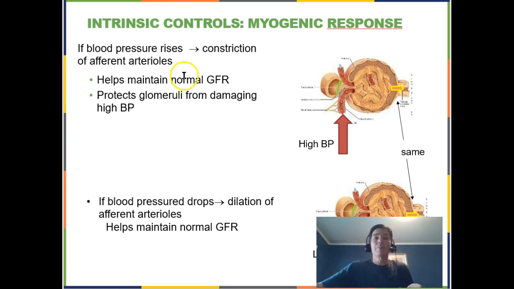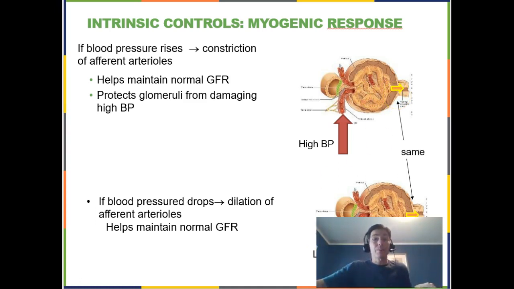So if your blood pressure goes up, what would normally happen is that more blood would flow into the glomerulus, and that would cause an increase in your filtration rate, which your kidney would then have to adjust to. What your afferent arteriole does is, when blood pressure goes up, it constricts so that blood pressure in the glomerulus stays the same and your filtration rate stays the same.